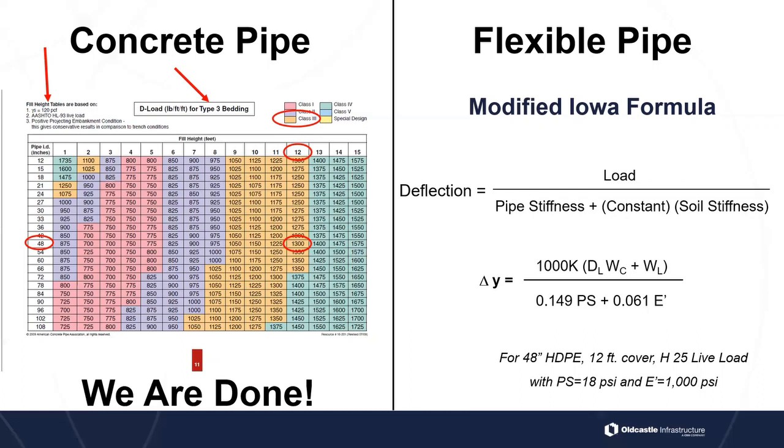However, when I look at this, I kind of start thinking to myself, you know what? That 18 PSI and that 1,000 PSI, those are pretty critical numbers, right? When I substitute those in, and I calculate it out and I multiply everything out, this is what I come up with right here. 2.682 plus 61.